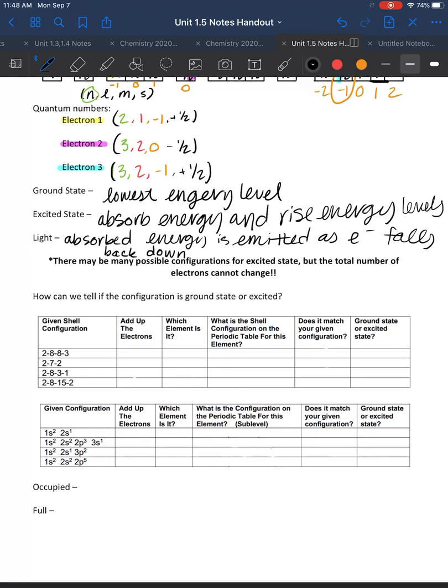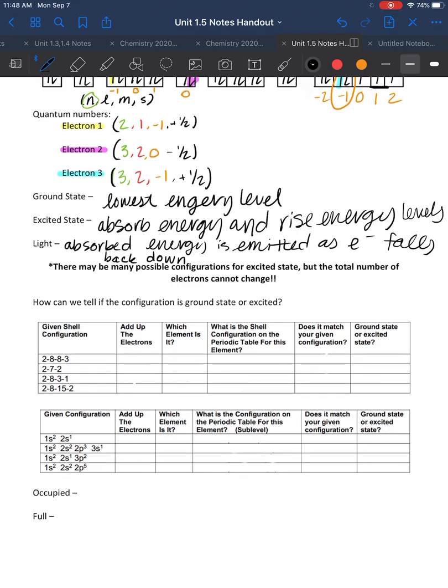We got through, I think, just the first box here, but going through it again, we'll add the electrons up. So our shell configurations here that are given may not be what is a normal shell configuration for each of these elements. That's kind of the point, because if they're not the same, that means that element is excited.